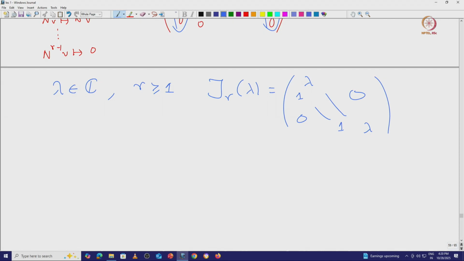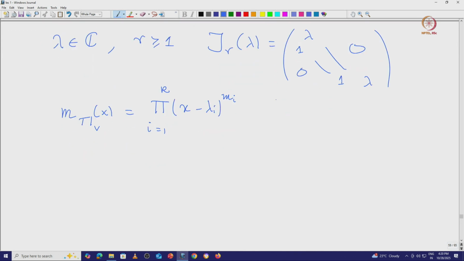So how do we achieve that? First, to recall, we wrote the minimal polynomial of T, which is acting on V, as the product of (x minus lambda i) power m i, i ranging from 1 to, let us say, k, where the m i's are the multiplicities and the lambda i's are all distinct. Then we define this V i, which is the kernel of (T minus lambda i) power m i.